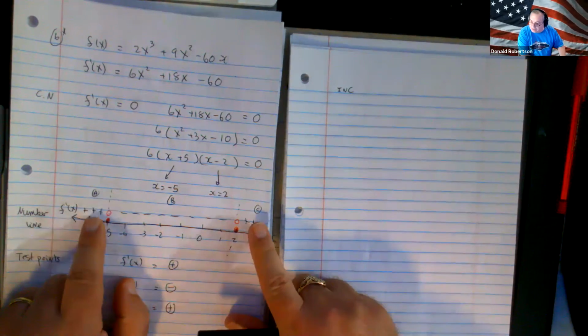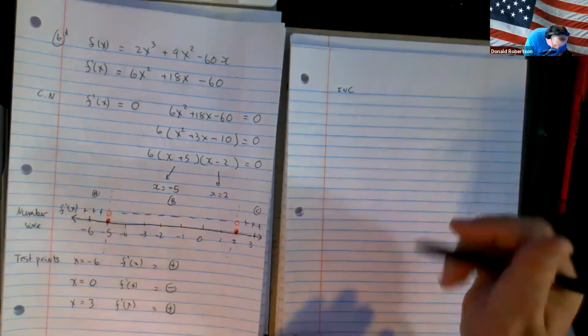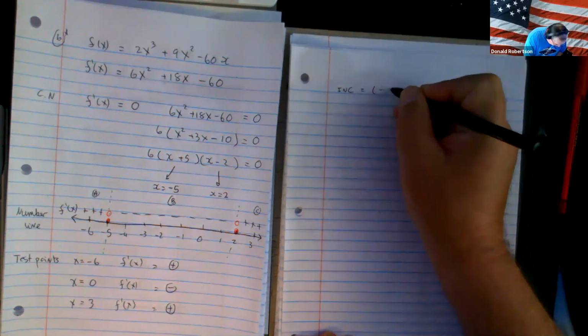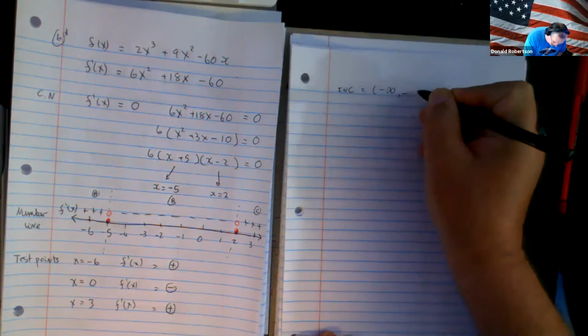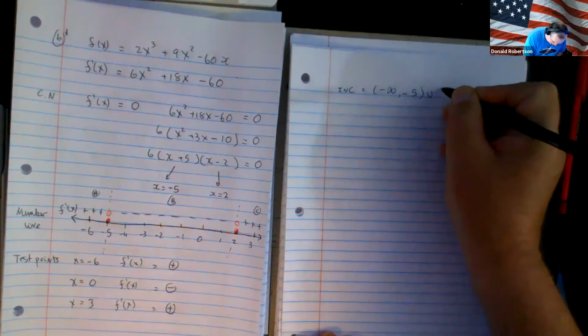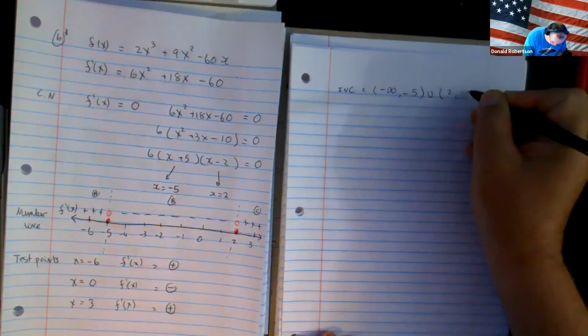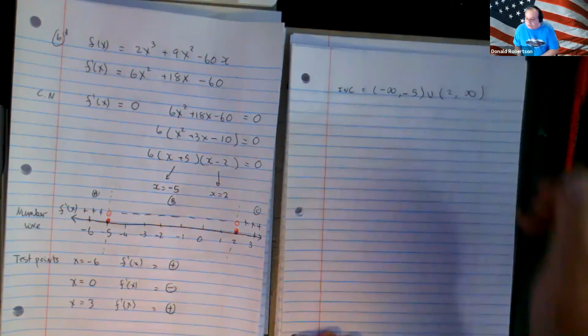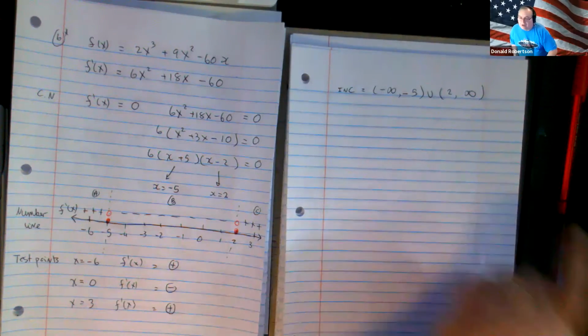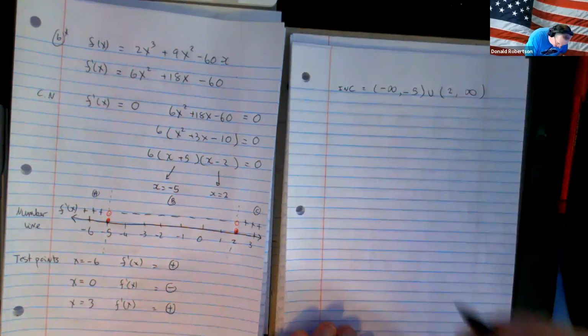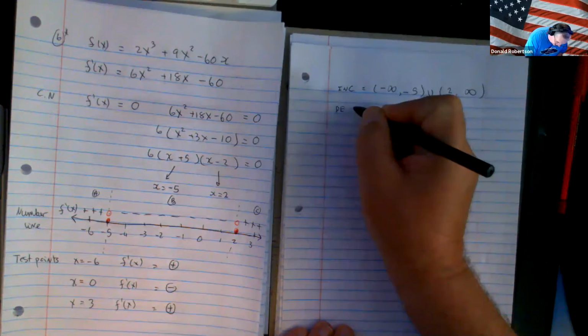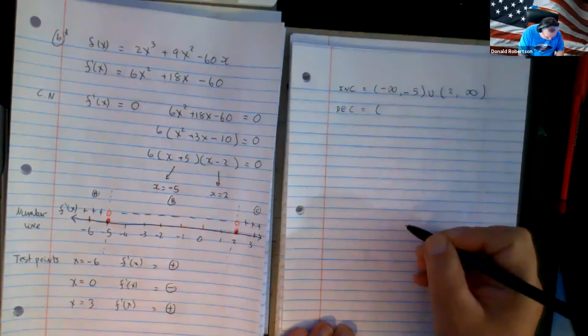So it's these two outside regions. And I've been told, at least by 2 people now, that you can use the union symbol. So just go looking for it when you do WebAssign, and you can do that. Now, if I want to find out when is this function decreasing, it's from -5 to 2.